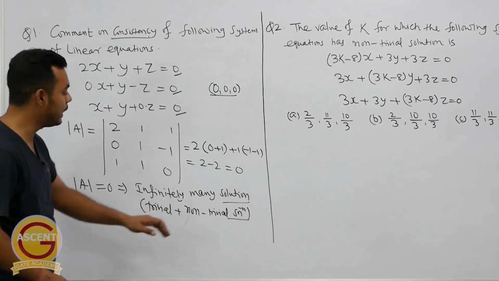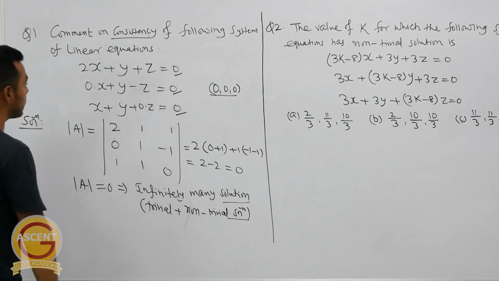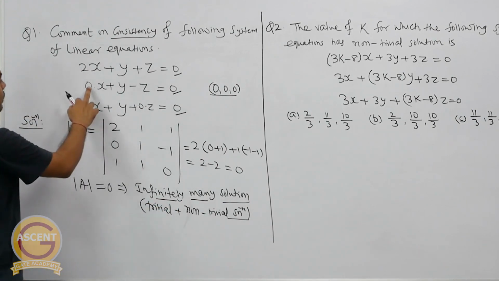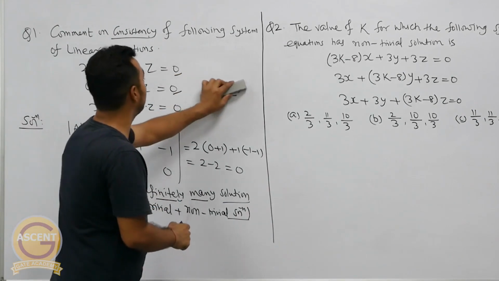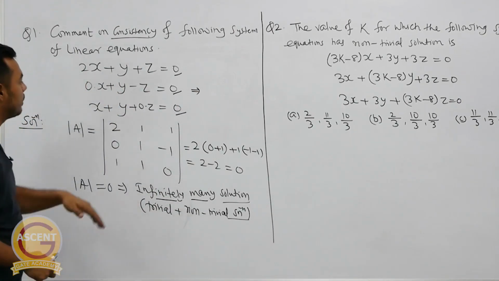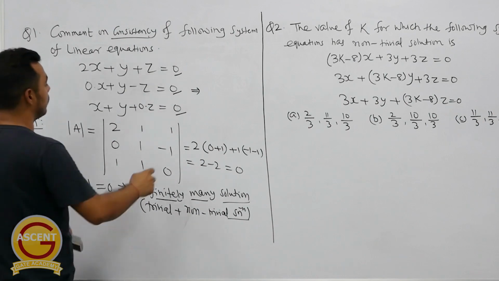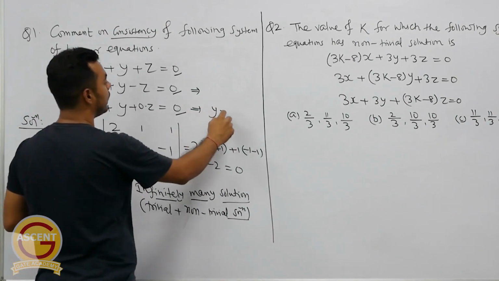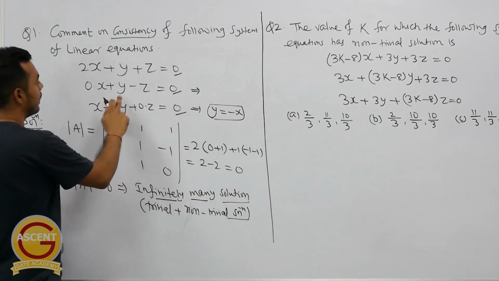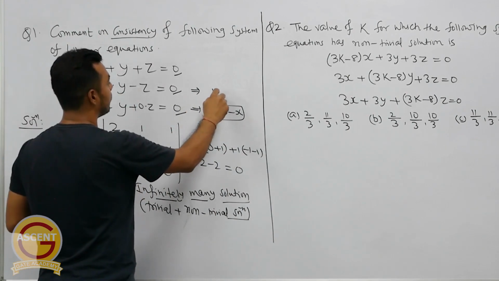Now let me explain the meaning of this non-trivial solution. First, how to write the solution if we have infinitely many solutions. Our aim is to write the other 2 variables in terms of the first variable. From equation 3 you can see that y is equal to minus x. From the second equation you can see that y is equal to z.